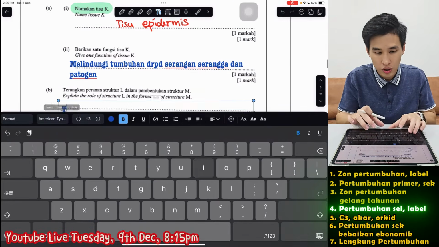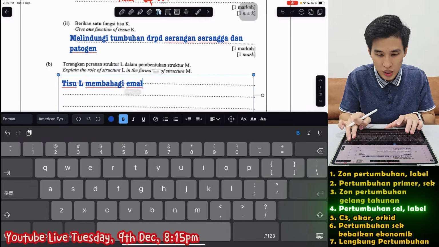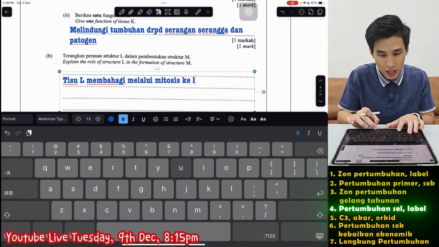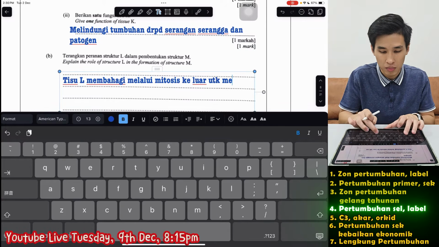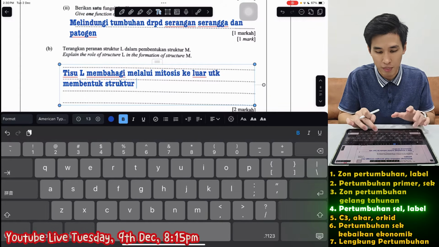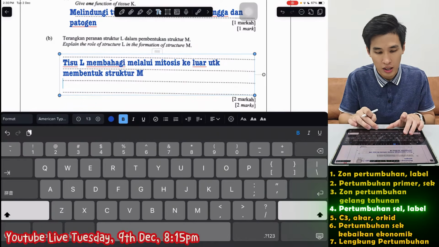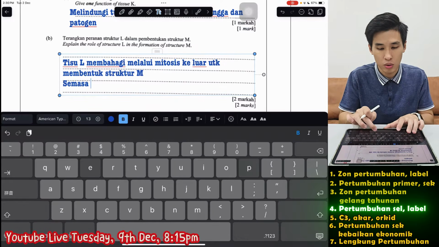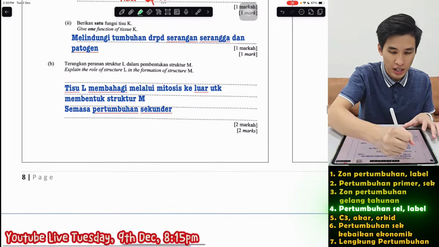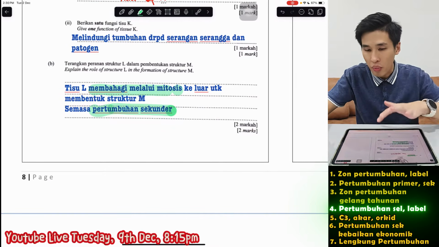Tisu L membahagi, remember say melalui mitosis keluar untuk membentuk struktur M, iaitu floem sekunder. Then you can say semasa pertumbuhan sekunder. So the two keyword you have to say here is membahagi melalui mitosis semasa pertumbuhan sekunder. So that is your 2 marks.